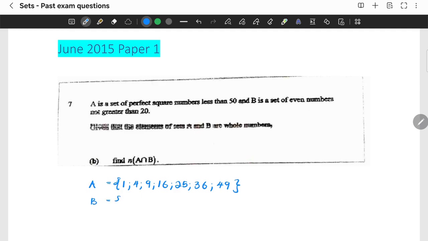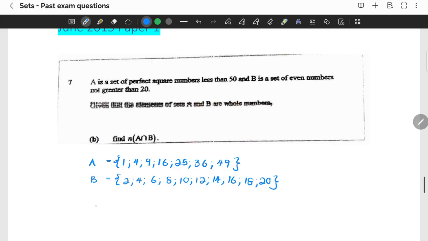And then B is a set of even numbers not greater than 20. So that's 2, 4, 6, 8, 10, 12, 14, 16, 18, and 20, which is not greater than but equal to.